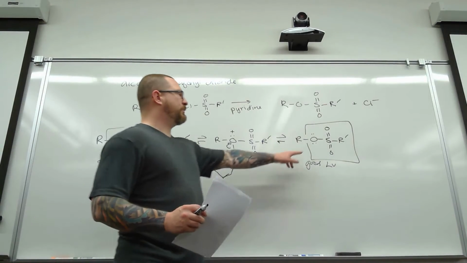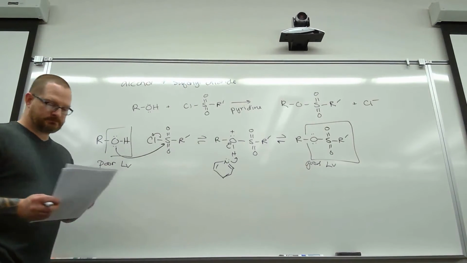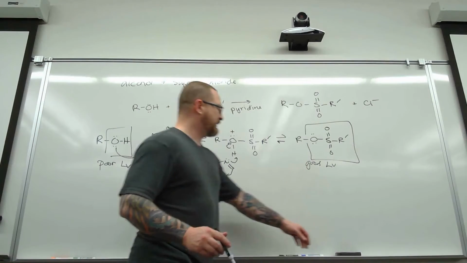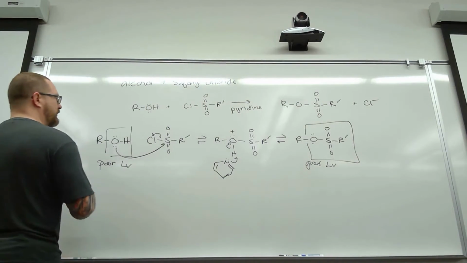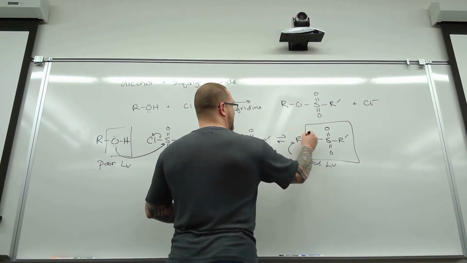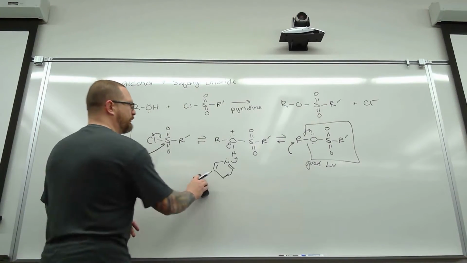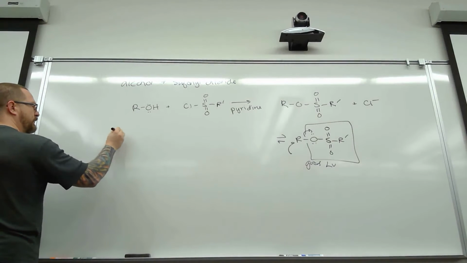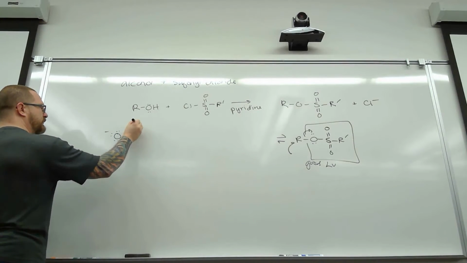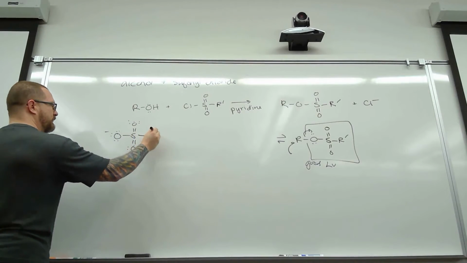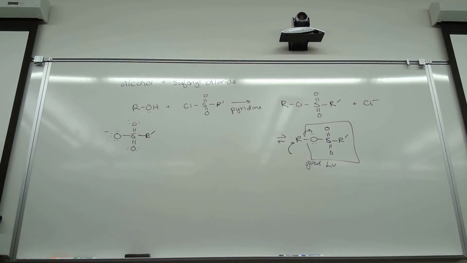And the reason this is a good leaving group, anyone want to take a stab at it? Under what conditions would we consider that super stable? Right, so if something comes in here and pushes the electrons to that oxygen, what we're going to have as a leaving group is this. Why would this be a good place to put a pair of electrons?